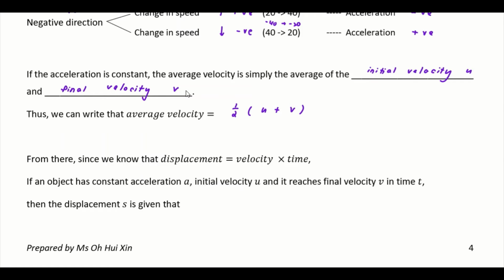From the previous lesson, we also know that displacement is equal to velocity multiplied by time, so s is equal to vt. If we are using the average velocity, we can substitute the formula just now into the v here, and we get s equal to 1 over 2 u plus v, multiplied by t, to find the total displacement.